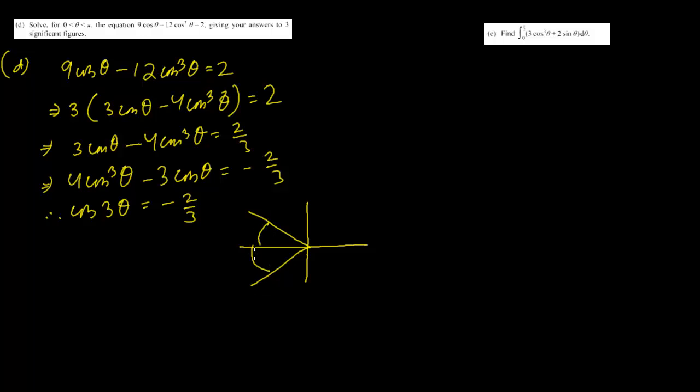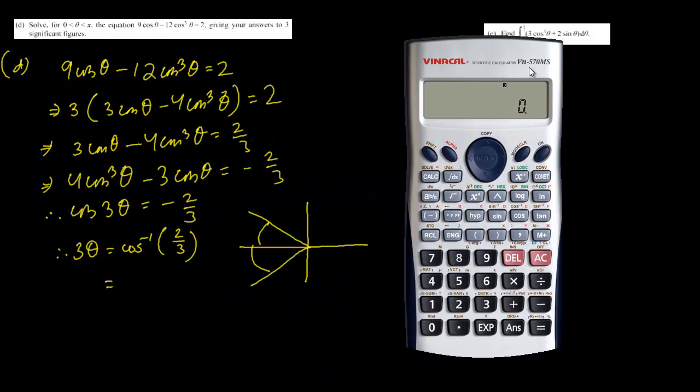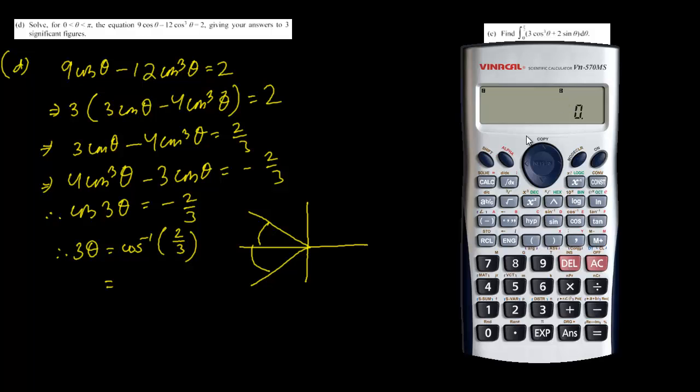So now we have to find the basic angle. Therefore this multiple angle 3 theta is our basic angle now. So this is going to be cos inverse. In the basic angle we don't take the negative sign, we take just the positive sign. So 2 by 3. Now bring out our calculator. It's in degree mode, so for this sum, remember, we have to convert it to radian mode.